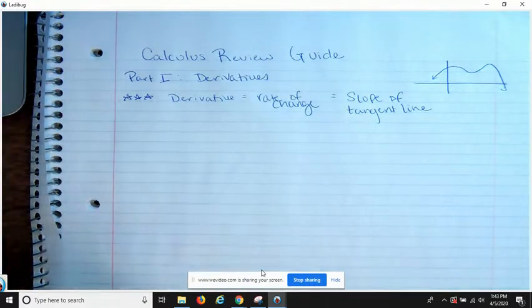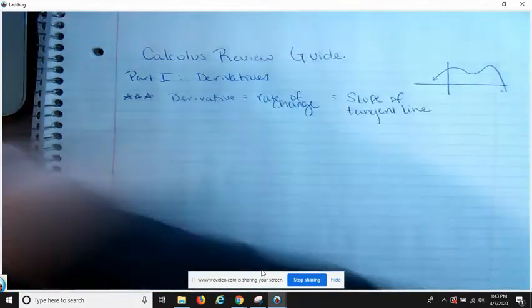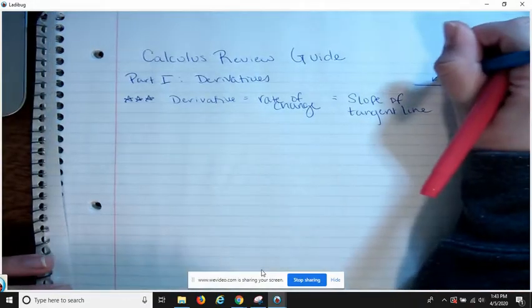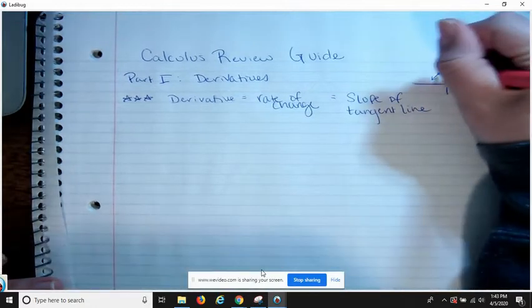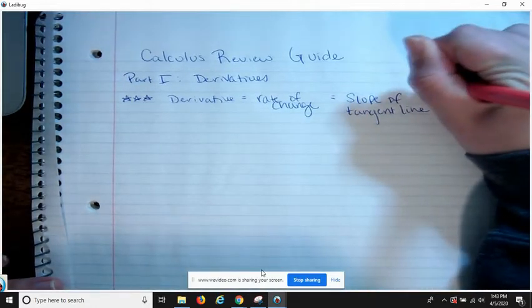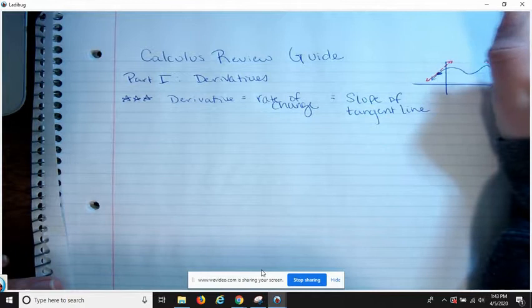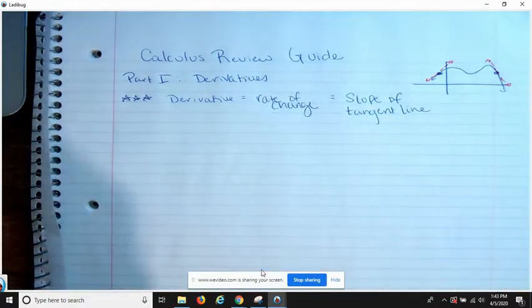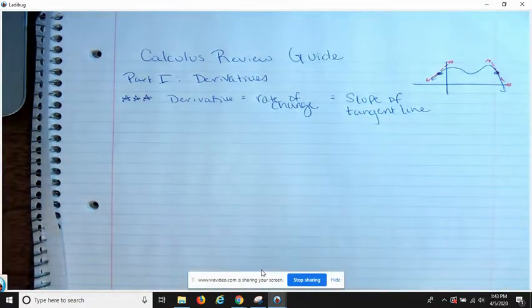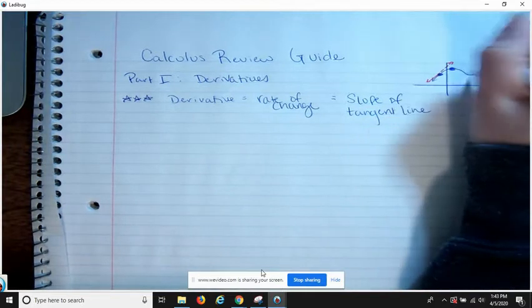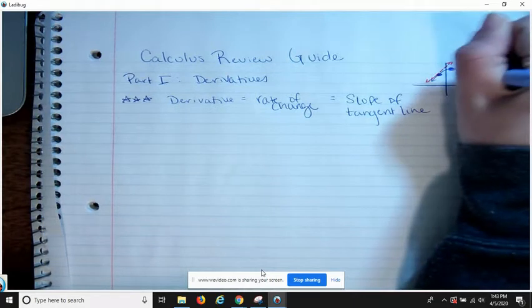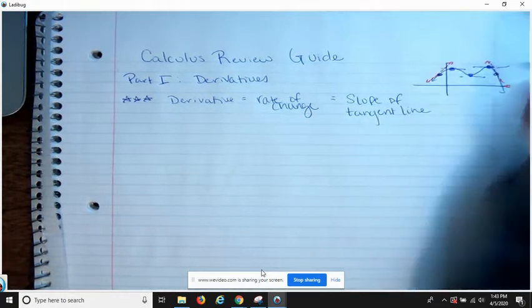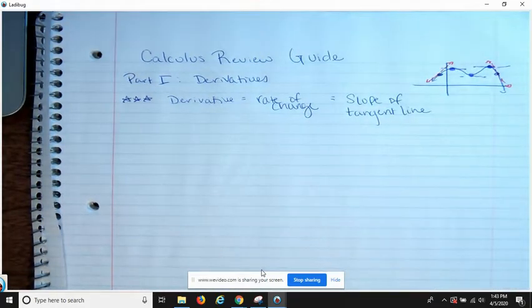So at certain points on your curve, you'll have little tangent lines that come off. You can calculate the slope at that particular point, but then there are also points on your curve, like here or there or there, where you will have a slope that is defined as 0. These are your mins and maxes. That's one of the super important points in the whole finding derivatives thing.